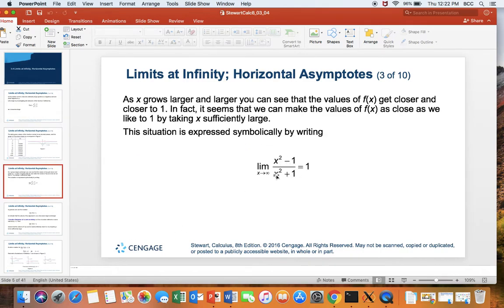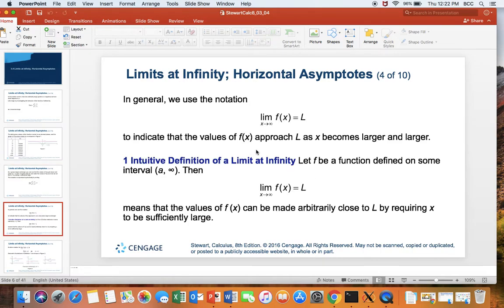This is f(x), this is L, and x approaching infinity. Limit as x approaches infinity of f(x) equals L means as x gets larger and larger, your value f(x) gets closer and closer to L.